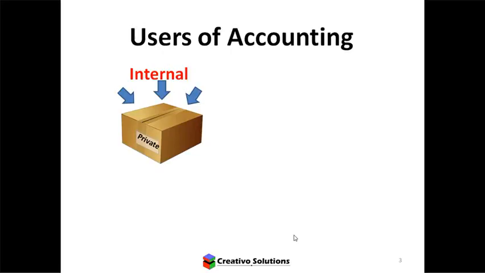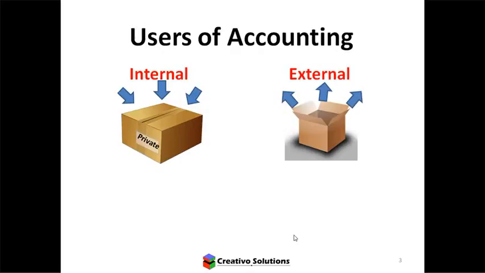We spoke about internal users, and they would be individuals that are working for that particular company or organization. Internal could be the managers, the directors, people most affected by the workings of that particular entity. Then we also had some examples about external users, and that could be government.